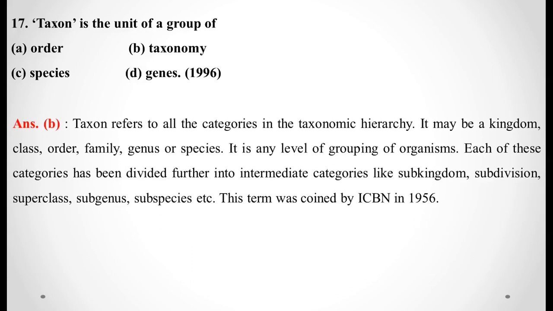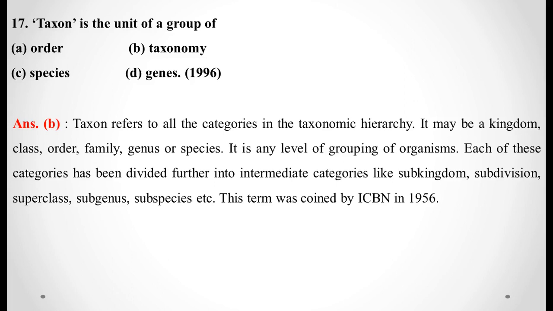Taxon refers to all the categories in a taxonomic hierarchy. It may be a kingdom, class, order, family, genus or species. Anything we can say is a taxon. Class can be a taxon, order can be a taxon. So it is any level of grouping of organisms.